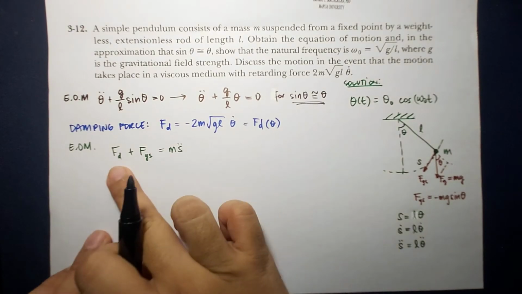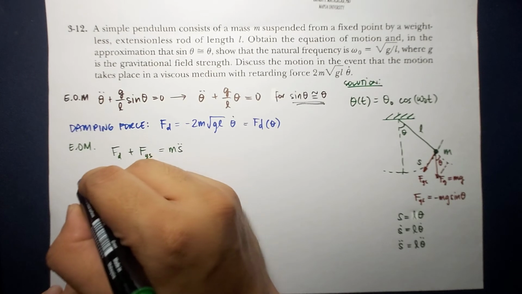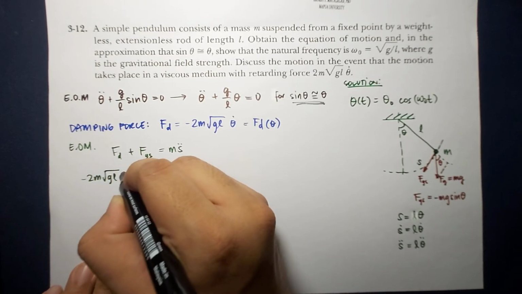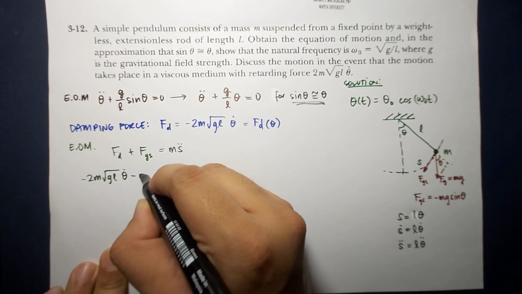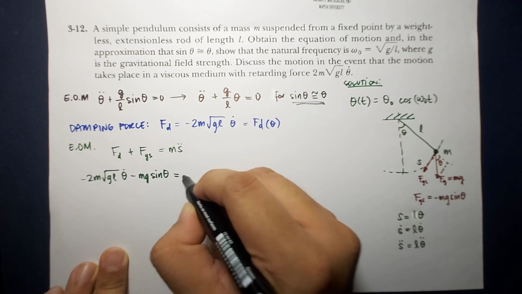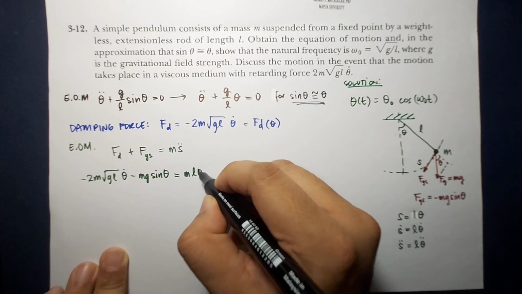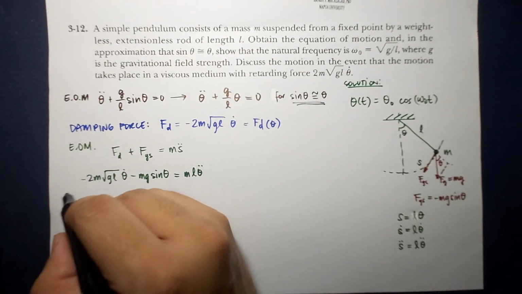So F_d, which is negative 2m square root of gL theta dot, minus mg sine theta equals mL theta double dot.